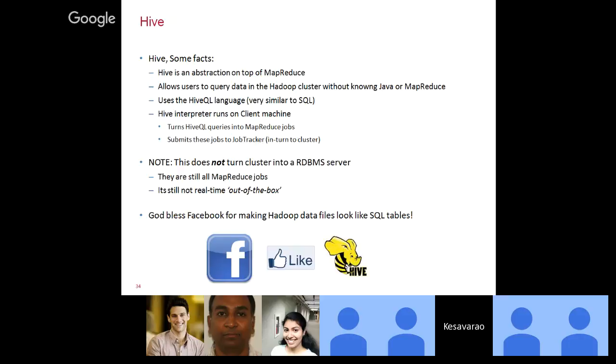Hive supports pretty much SQL-type commands. Most of the SQL works, but not complete ANSI SQL. ANSI SQL standards are a superset of SQL commands, and most of them will work as they are.